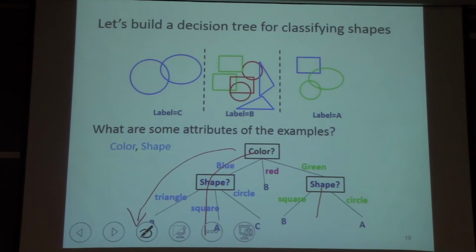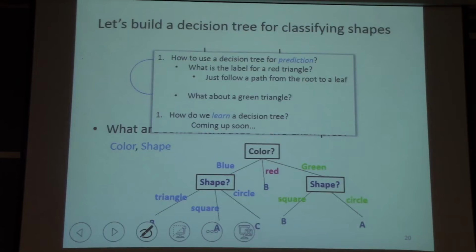But that gives me the next slide, which is how do you classify a red triangle? According to this, a red triangle would just follow this path. You just follow the path from the root to a leaf, and the label of the leaf is the label. The next question is, how do you classify a green triangle? So first you answer color, green, you go here, then you're stuck.